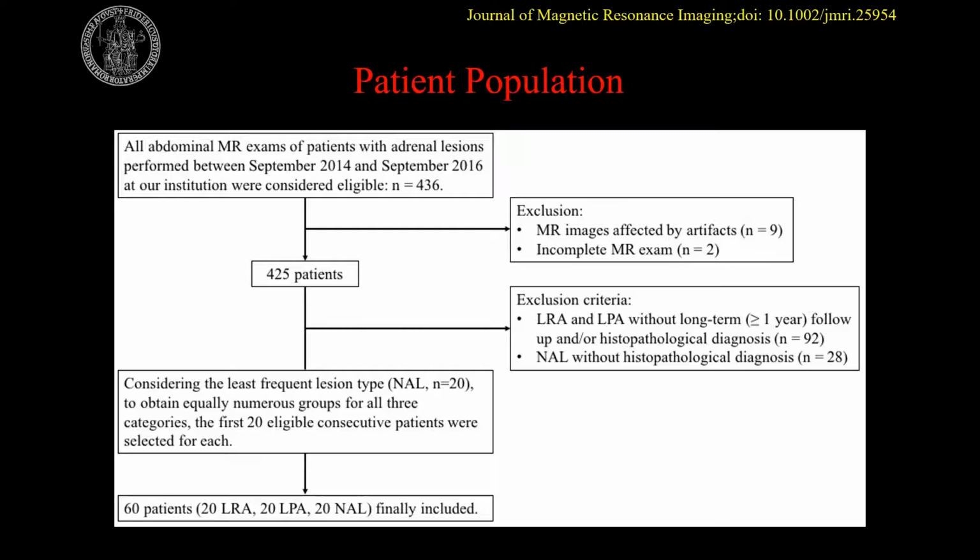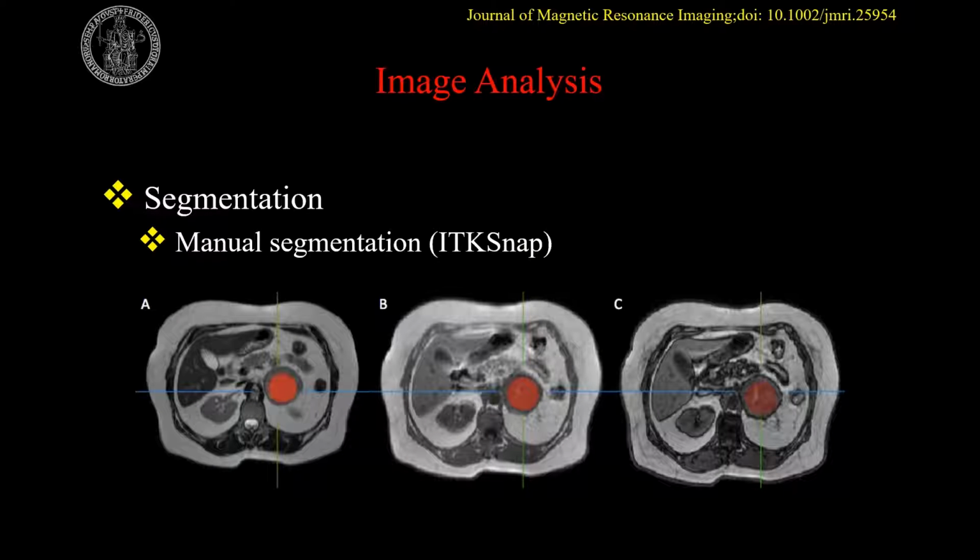The first step in our image analysis pipeline consisted in the manual segmentation of all lesions on all available MR images, so T1 in-phase, opposed-phase, and T2-weighted images. A spherical region of interest was placed at the center of each lesion, and its size was adjusted to that of the lesion itself.